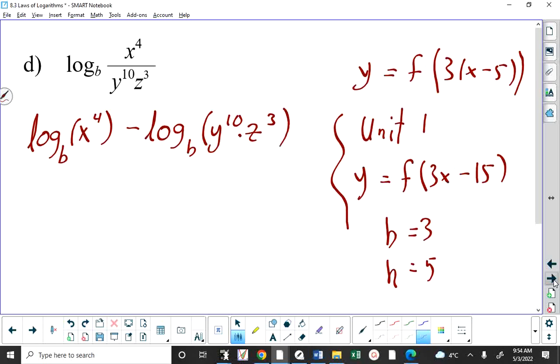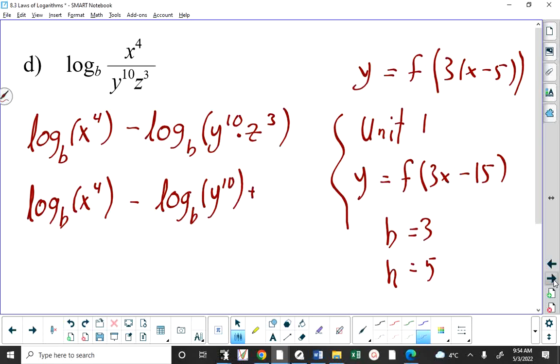And since this is a product, we have y equals log base b of x to the 4, and then we have minus, since it's a product, we're going to take log base b of y to the 10 plus log base b of z cubed. And my question now is, how many of you essentially have for an answer 4 log base b of x minus 10 log base b of y plus 3 log base b of z?